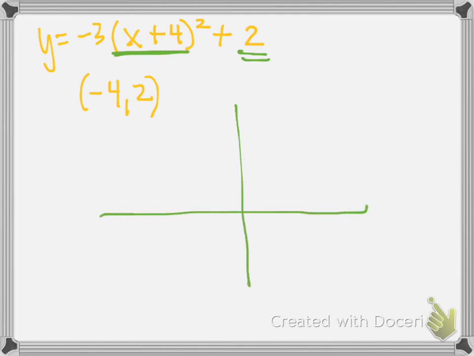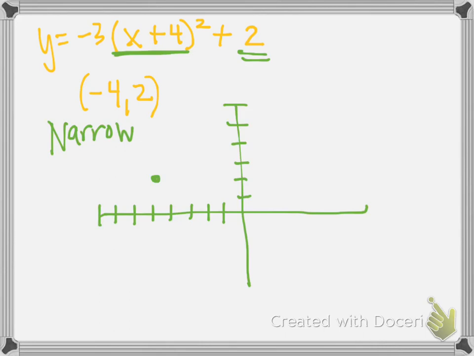The a is negative 3, so the graph is going to open down because it's negative. 3 is going to make it 3 times as fast. So this graph is going to be more narrow than the parent graph, the normal graph. Negative 4, 2. There's my vertex. And then I go down.